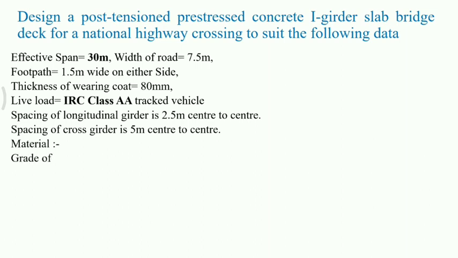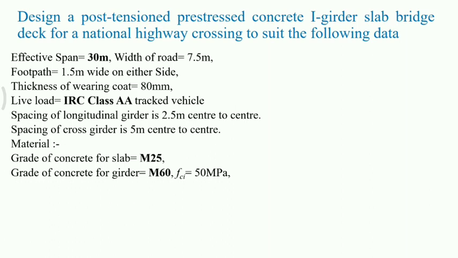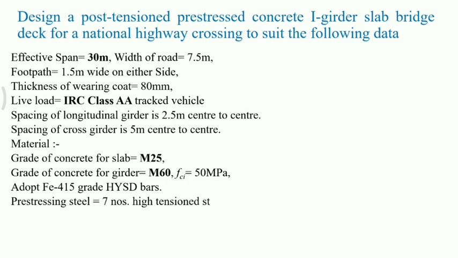Materials: grade of concrete for slab is M25. Grade of concrete for girder is M60. The initial stress is 50 MPa. Adopt Fe415 grade HYSD bars. Pre-stressing steel is 7 numbers of high tension strands of 15.2 mm diameter.